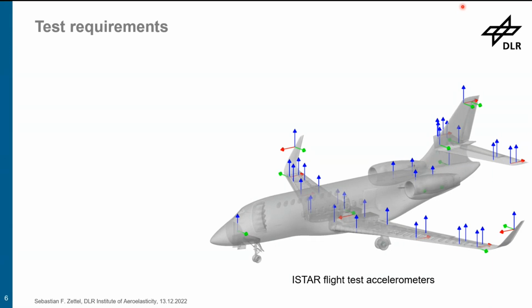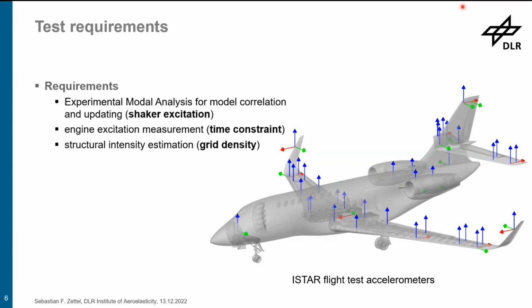For our measurement campaign, we had some requirements in order to do the measurement. First, we wanted to do experimental modal analysis afterwards, and for this reason, we needed to excite the aircraft with electrodynamic shakers. But additionally, we also wanted to do an engine excitation to capture the realistic structural behavior of the fuselage.